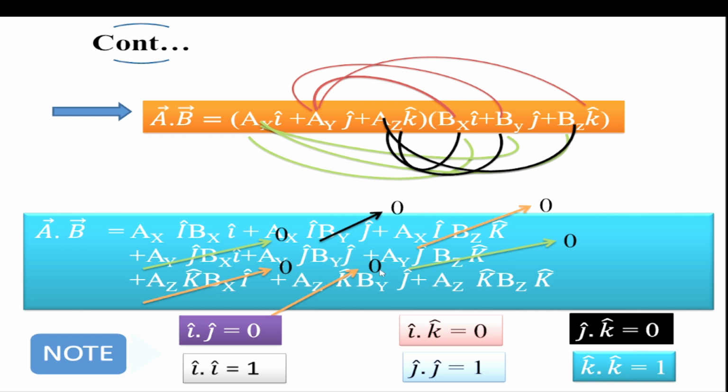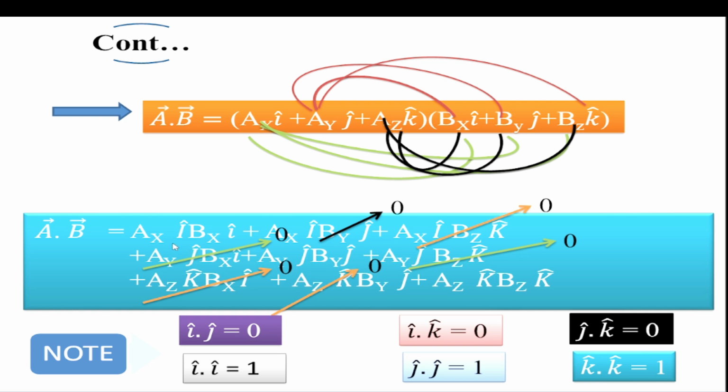And then these terms become 0. We'll have only this term, and then k dot k is 1, as we have discussed. And then we will have az bz.